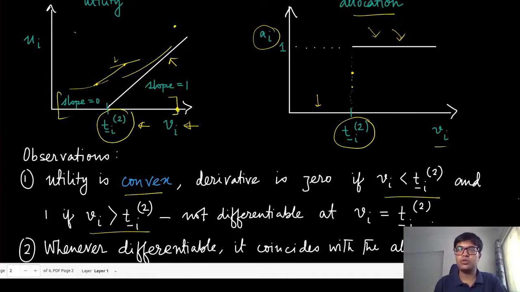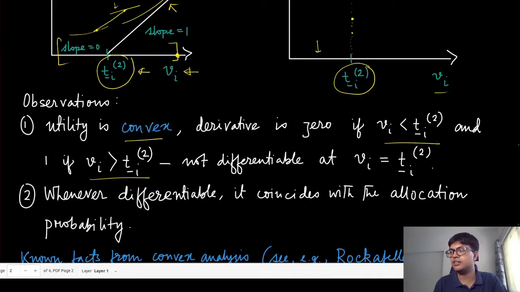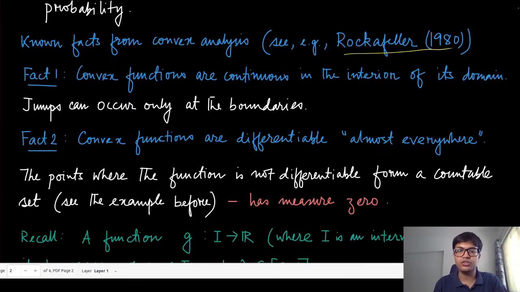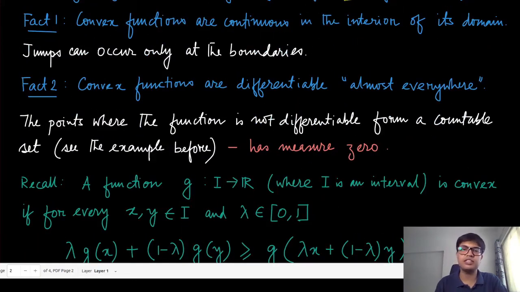So to be more precise, the set of non-differentiable points of a convex function forms a set of measure 0. So if you are looking at the whole set, these points are almost vanishing.